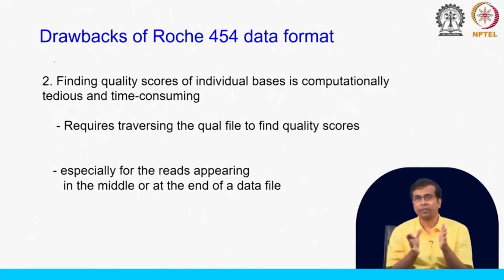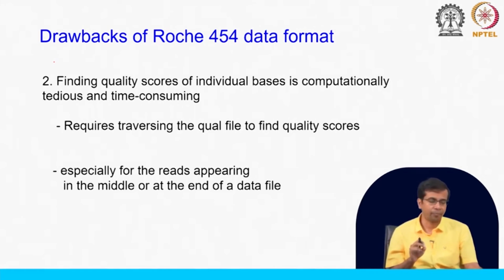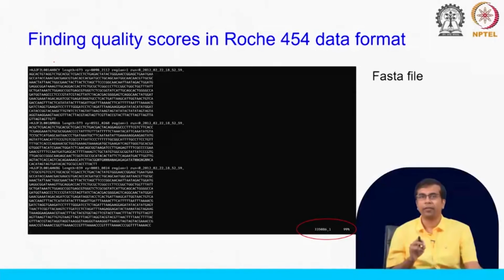For the first few reads, first 1000, 2000, 5000, maybe you will not notice the time taken. But as you reach towards the end of this file, getting the quality score for every base in the read will take much longer than it used to for the first or second read in the file. So, this is something that is not very efficient.